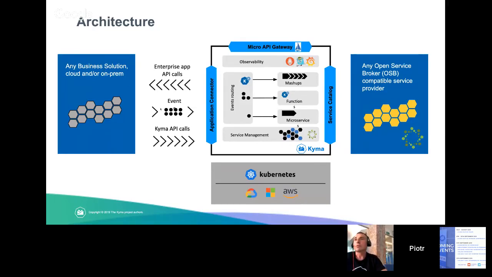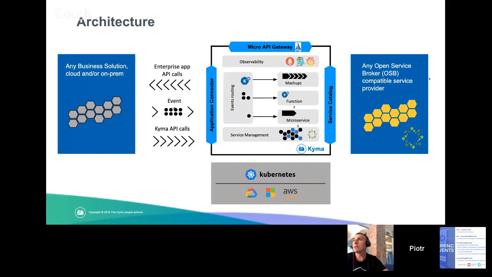Through the application connector, we import events from that application, and we enable calling the APIs of these applications in an easy way. And of course, you are able to call APIs hosted in Kyma, in the Kubernetes cluster, from this application in a safe way.